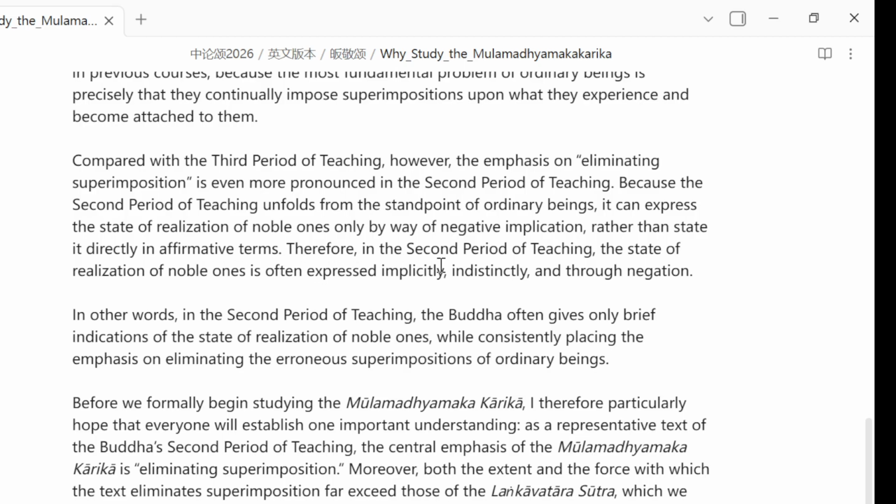Therefore, in the second pillar of teaching, the state of realization of noble ones is often expressed implicitly, indistinctly, and through negation.